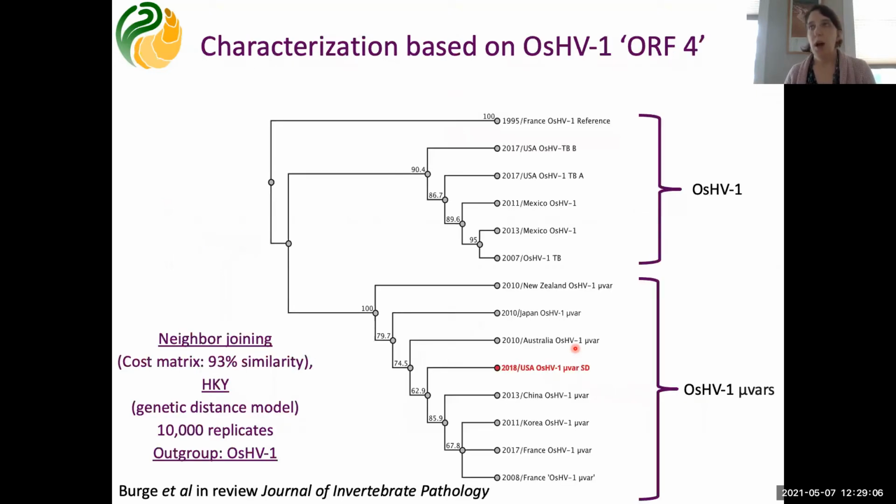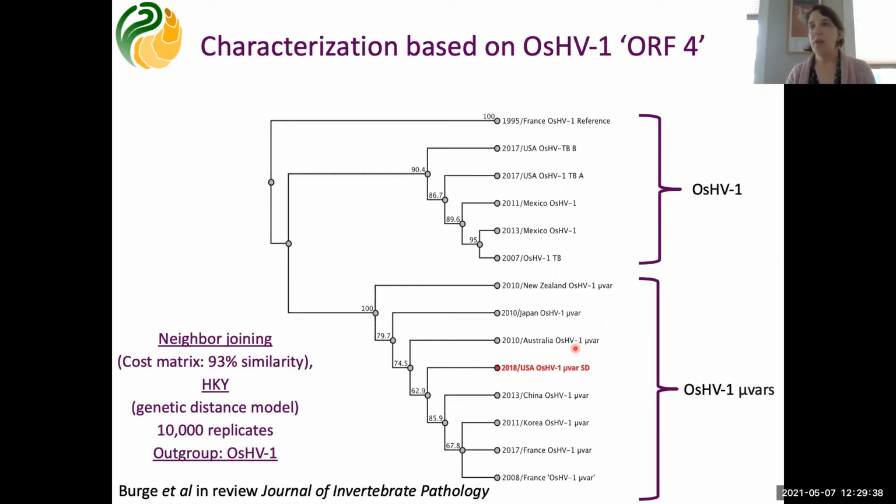So after Ralph's lab sent me the samples, we used a specific genome region, again, that can delineate OsHV-1 from the microvariants. And I sequenced everything I had in the lab from Tomales Bay, as well as the variants that we've been working on from France and Australia, just to make sure that there was no contamination. And this tree is also based on some I picked in GenBank that were a wide geographic spread.